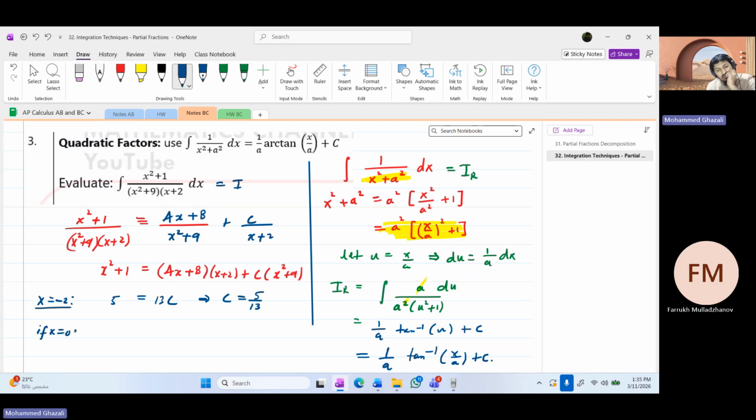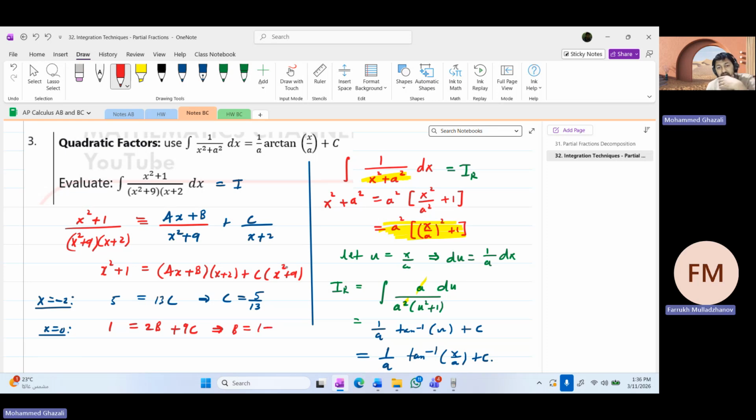If x is equal to 0, what falls out? If x is equal to 0, nothing falls out, so just 1. a falls out. That's great. So that is 0. b times 2, 2b plus 9c. So we can solve for b, all right? b is equal to 1 minus 9c divided by 2. 10c, you said, no? 10c should be.